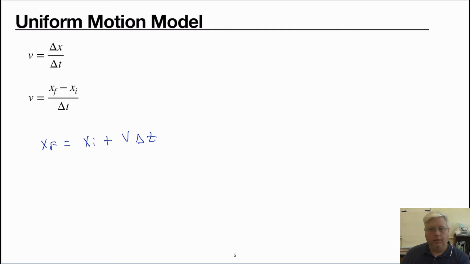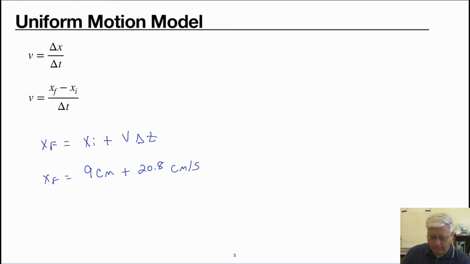So let's see, in the video we saw Daisy, we said she started at an initial position of 9 centimeters. And that's where she was on the track. And we said she moved at a constant velocity, essentially, of 20.8 centimeters per second.